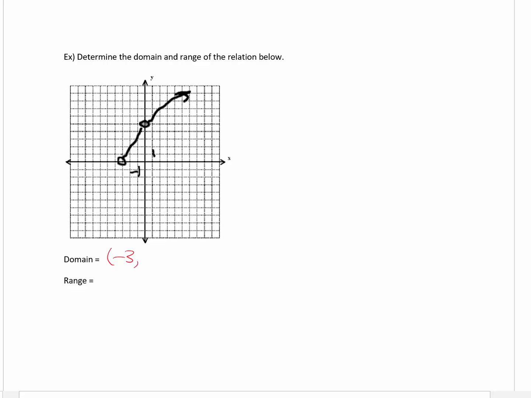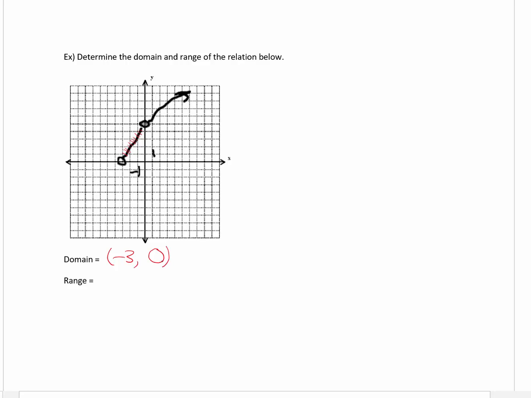Now, follow the domain. The problem is, this is an open circle. Well, what's the domain value here? That is 0. There is no value of x equal to 0 anywhere on this graph, so I need to exclude 0 from the domain. So I'll put a 0 with a parenthesis.